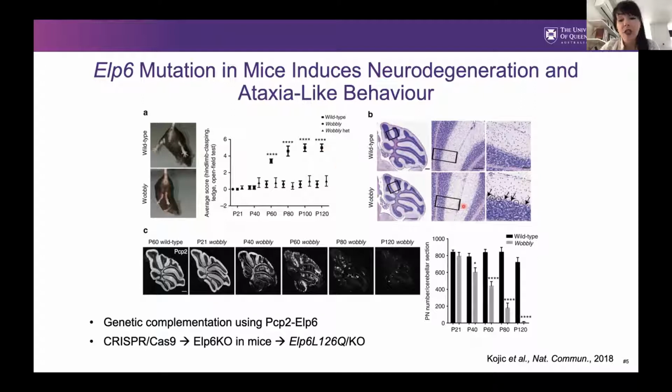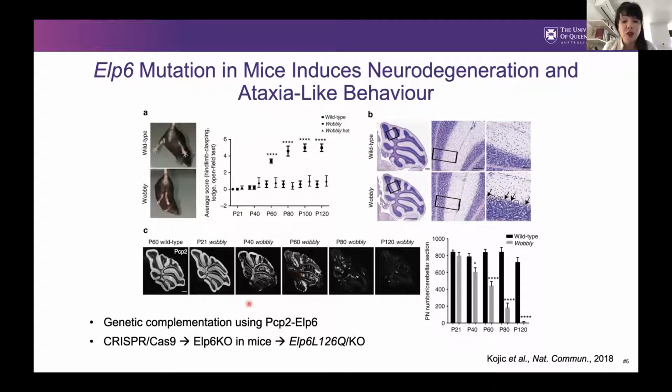When we histologically analyzed the brain of these mice, we found a massive Purkinje degeneration in their cerebella. These are the principal neurons of the cerebellum. Between 2 and 4 months of age, the cerebellum of wobbly mice becomes fully depleted of these neurons, which is quantified here. Then we used a genetic complementation study where we introduced a wild type ELP6 in a PCP2 minigene, a minigene that is specifically expressed in Purkinje neurons, and we managed to fully rescue the phenotype.